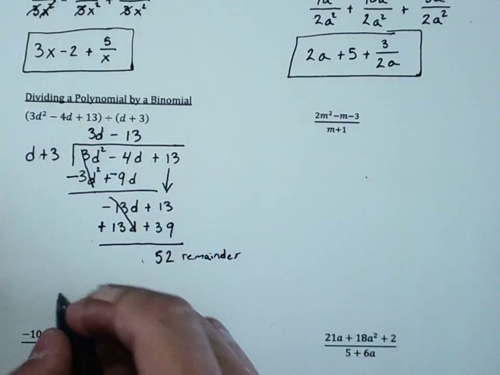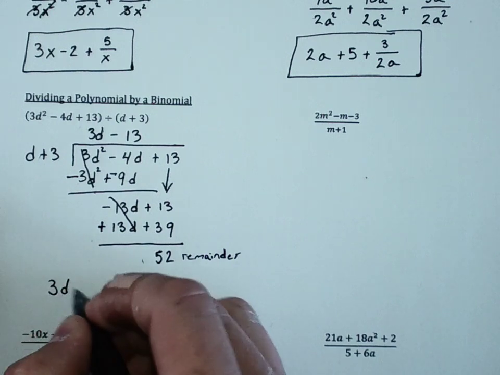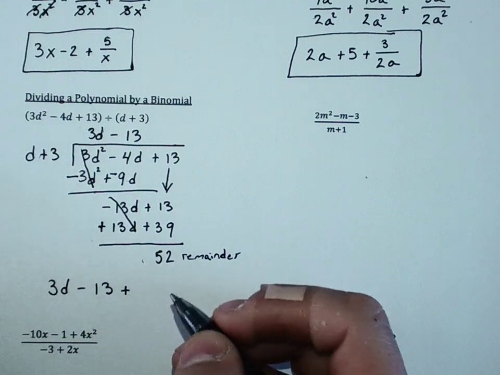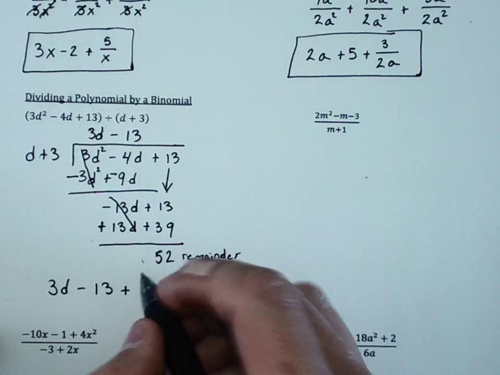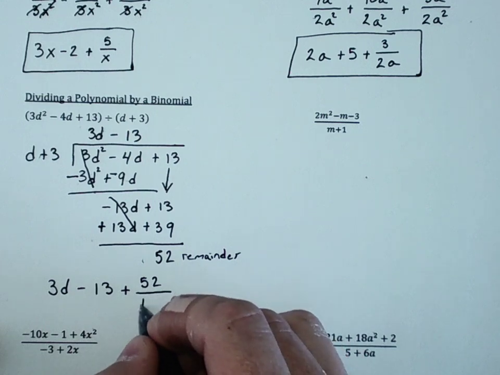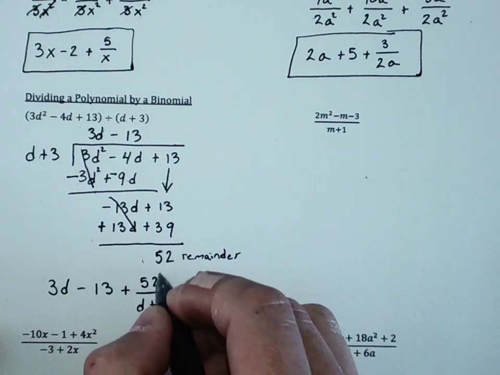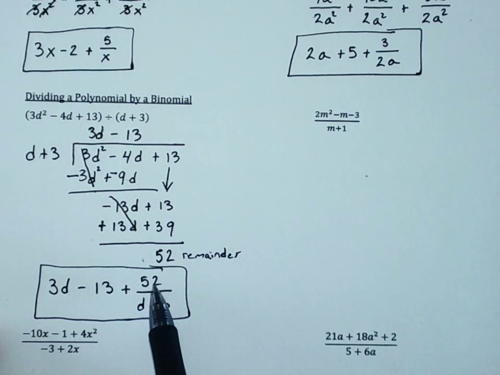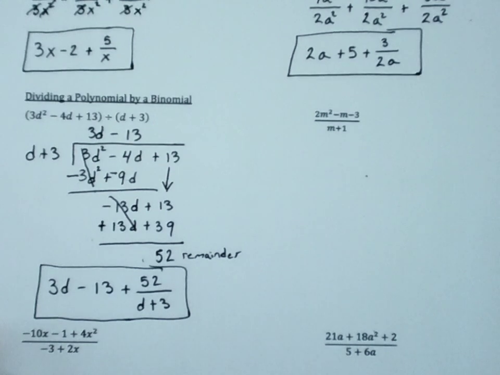Our answer is 3d minus 13 added with, because this is positive, a 52 being divided by d plus 3. The 52 is still being divided by d plus 3. And that is our first problem.